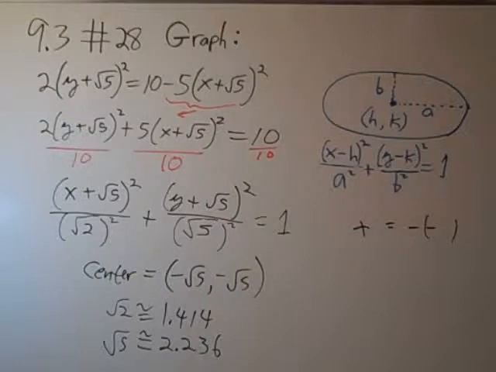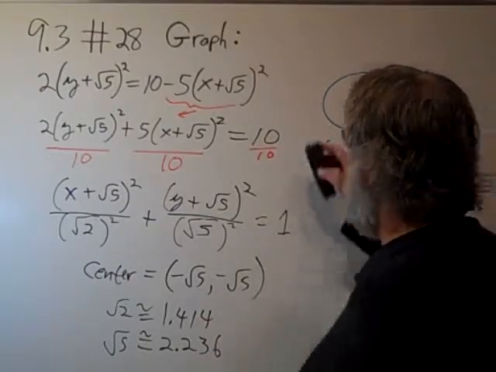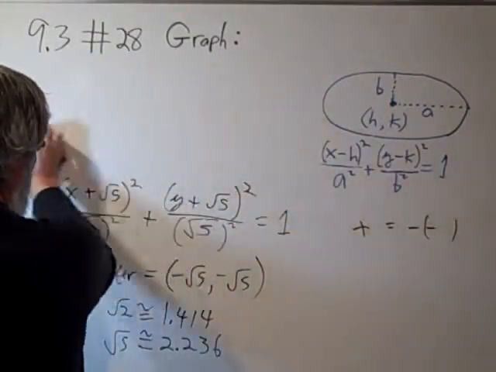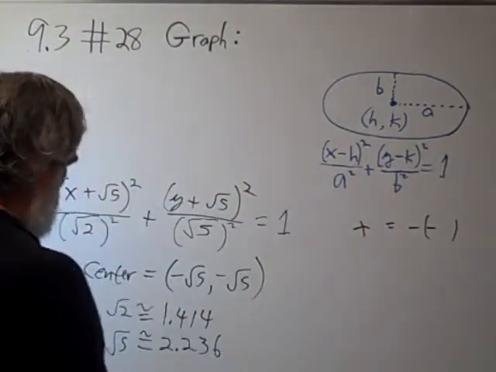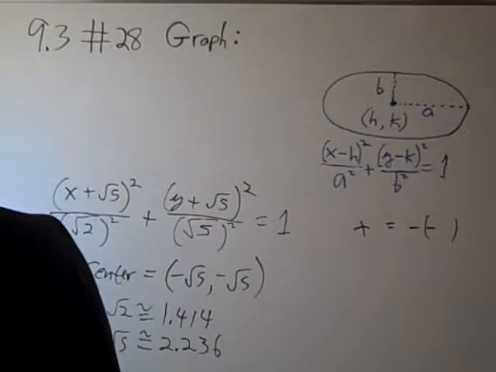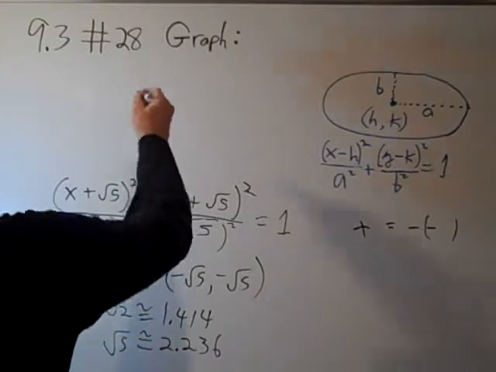So now we have enough information that we can graph this ellipse. Okay, the center is at negative square root of 5, negative square root of 5. And let's see what we've got.